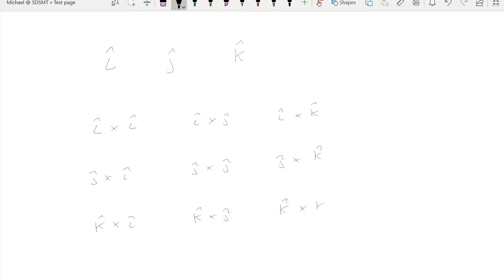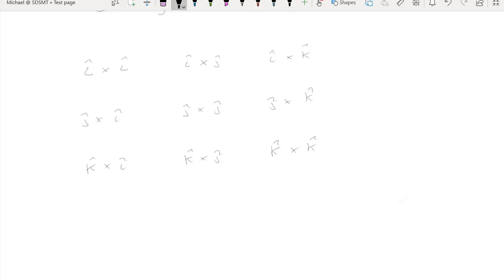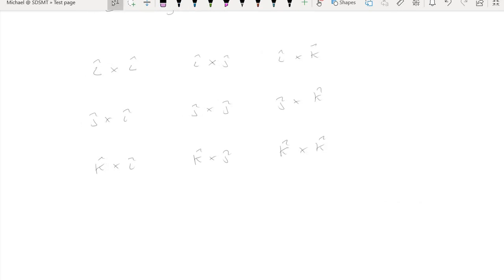And k hat cross k hat. Okay. Well, why do we need all 9 of these? Because we want to see how they evaluate. And we see that there are similar combinations here, like i cross j, j cross i. Are those going to be the same? Are they going to be different? Can we just say that they're going to be the same right now? Well, no, we don't want to jump to that conclusion yet, because again, we want to see what happens when we evaluate these things.